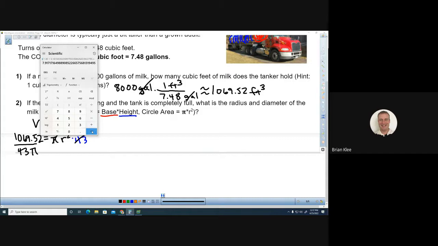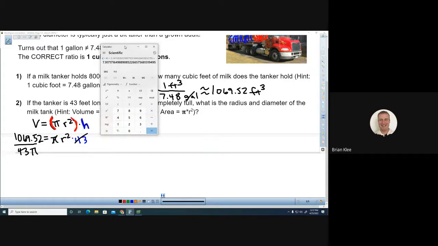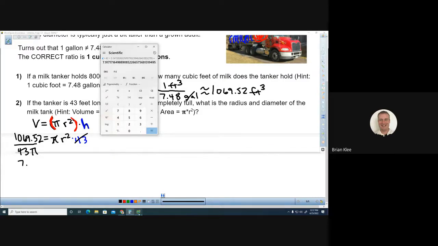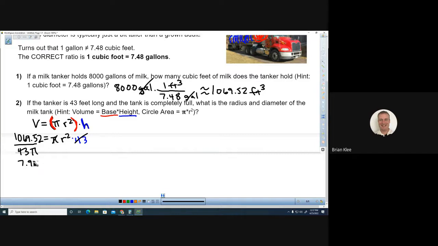Hit equal. Seems a bit big yet. Oh, that's why. Okay, we're in a good spot. Just hold on. 7.92, that's taller. 7.92 feet would be taller than the average adult.